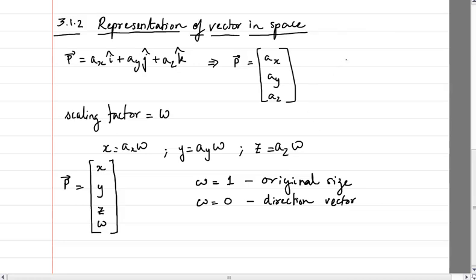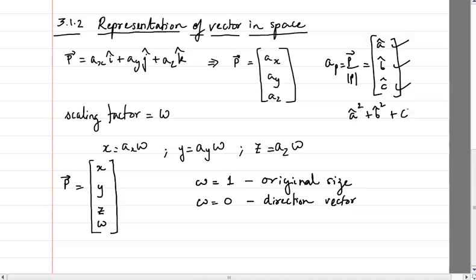That means if I am trying to find the unit vector of p, the unit vector of p is basically vector p divided by the magnitude of p, in which I will get some value. If I take these three values and suppose I get them as a cap, b cap, and c cap, then a cap square plus b cap square plus c cap square, under root of that, is equal to 1.